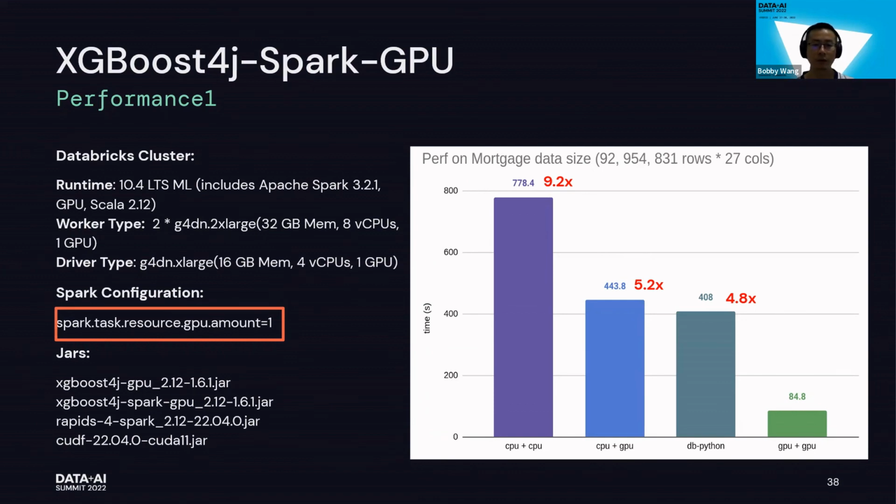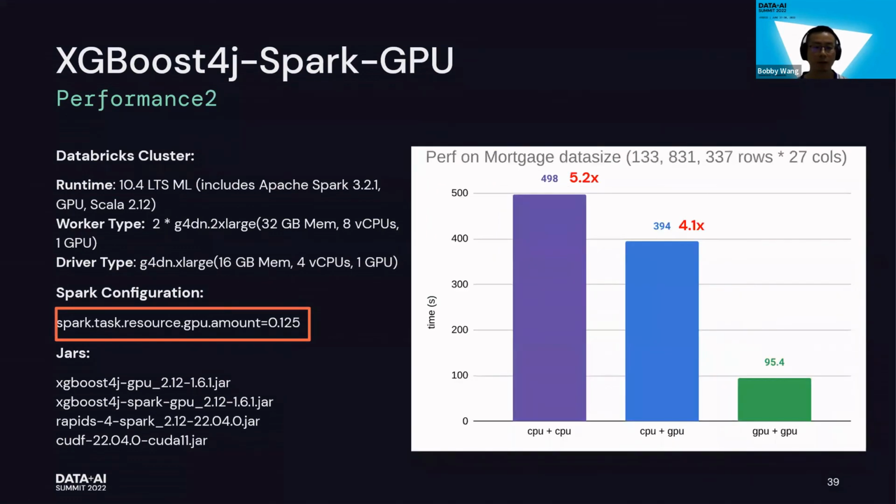Anyway, from the test result, we can see the GPU has 9.2x speedup than CPU and 5.2x speedup than CPU-GPU and 4.8x speedup than DB-Python. The performance for the CPU-GPU and DB-Python is pretty close because both of them are using the CPU loading and GPU training.